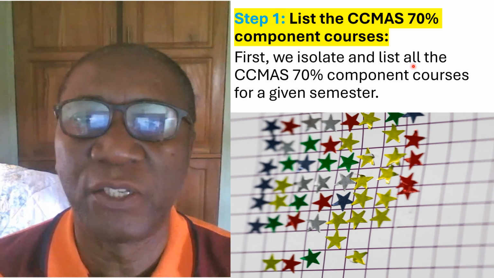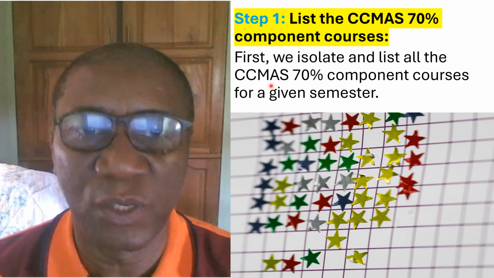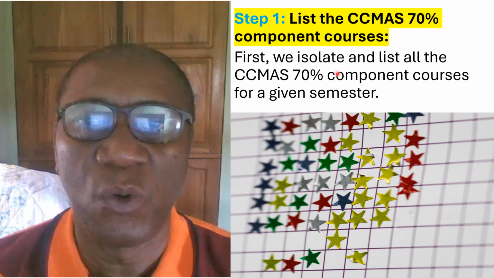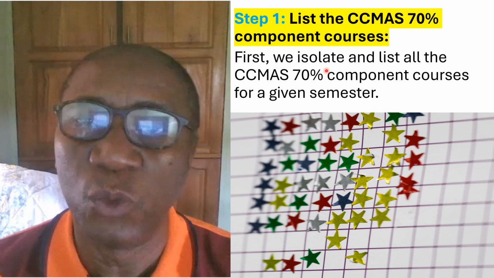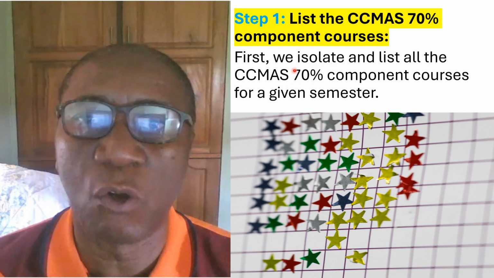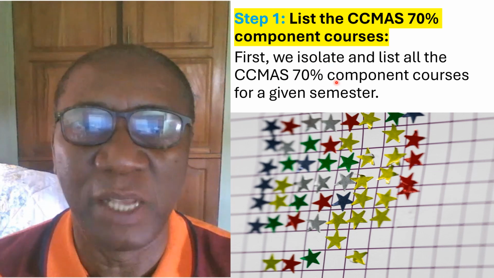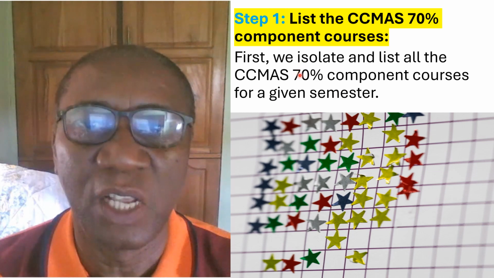We have to isolate the CCMAS 70% component courses. If you have seen the 70% component, you discover that what NUC has done is to combine the first and second semester of each level. For instance, 100 level, the first and second semester courses are combined.